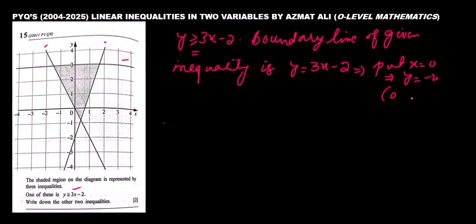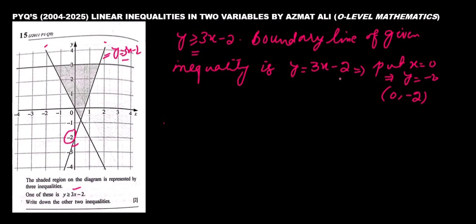When you put x is equal to 0, your y is minus 2. This represents the y intercept. See, from here you can observe which line cuts the y-axis at minus 2. It means this line has the equation y is equal to 3x minus 2.